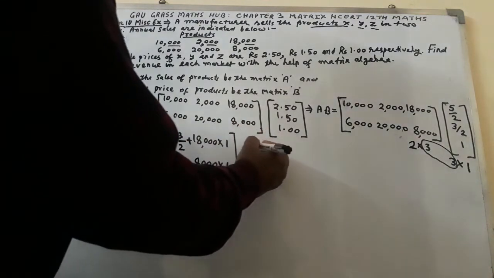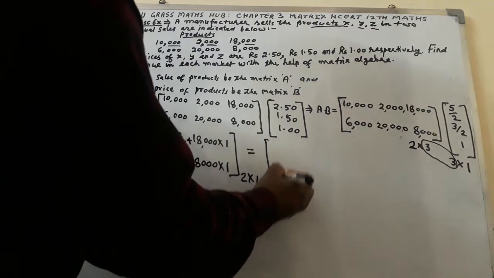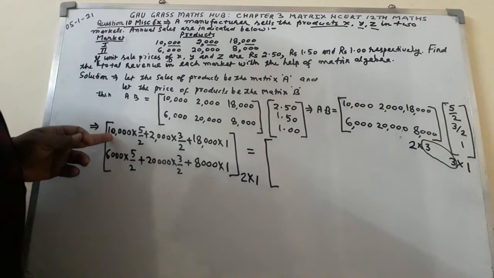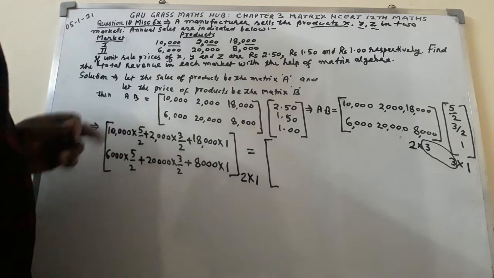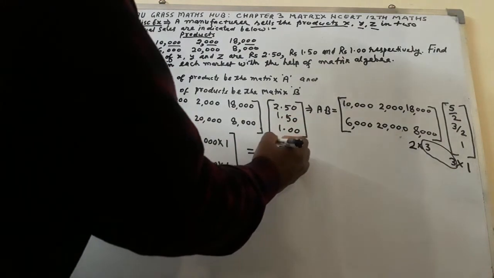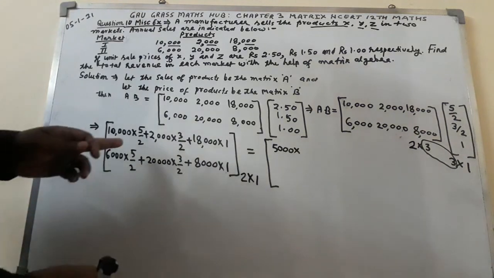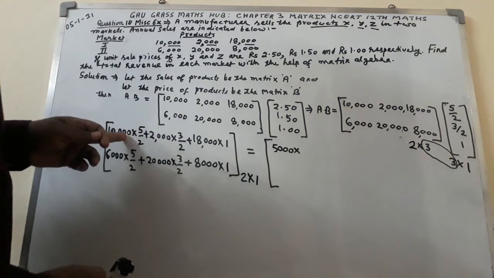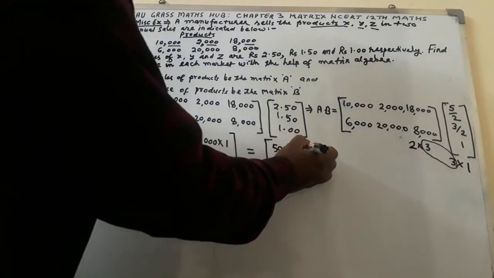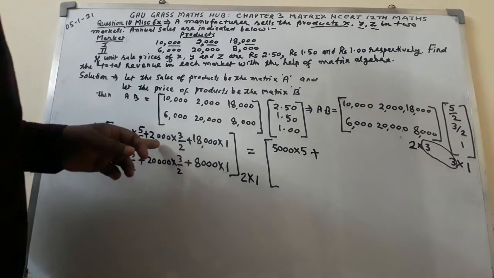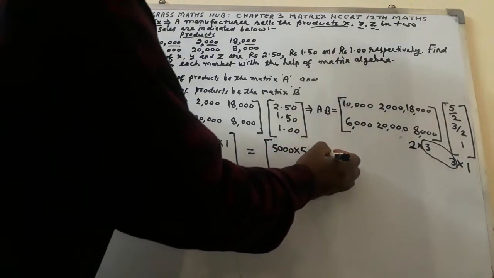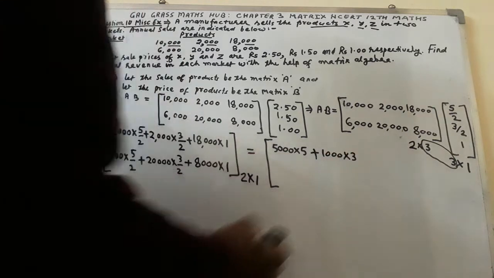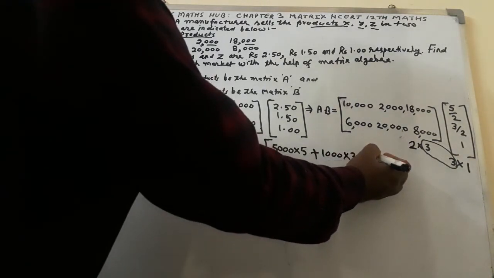Now this will be solved. 10,000 multiplied by 5 over 2: 10,000 divided by 2 comes out to be 5,000, so we get 5,000 times 5, plus 2,000 divided by 2 comes out to be 1,000, times 3, plus 18,000.